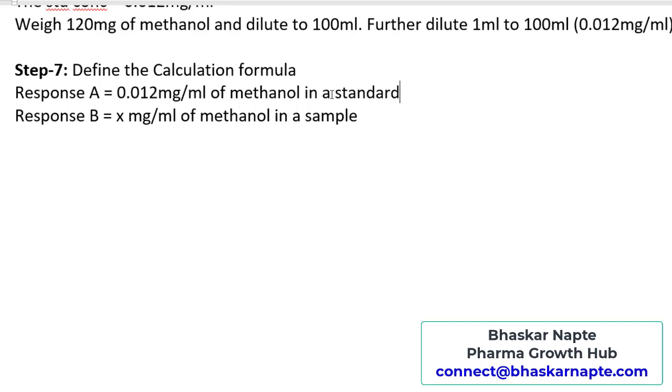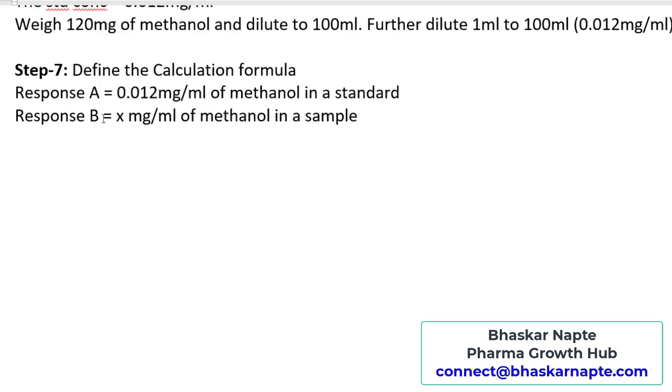You analyzed both the standard and sample solutions, and you found that the response for the standard solution is A. If this response belongs to the standard solution, what does it belong to? It belongs to the concentration of methanol, which is 0.012 mg per ml, because this is the concentration of the standard solution.